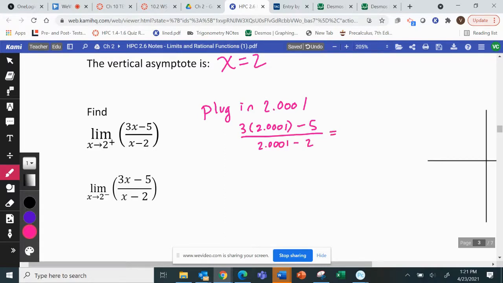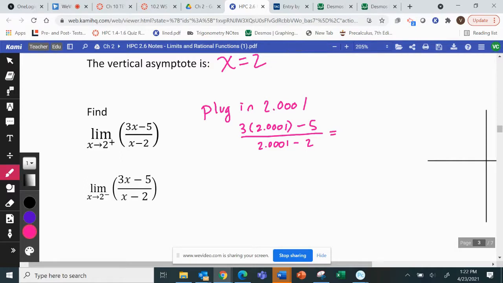Now, I don't actually care about the number. I care about if it's going to positive or negative infinity. It's going to go to one of those. So I really care about the signs. So the first thing I need to know is 3 times 2.0001, or whatever number you chose, take away 5, is that going to be a positive number or a negative number?